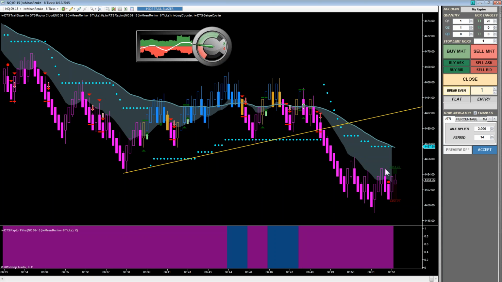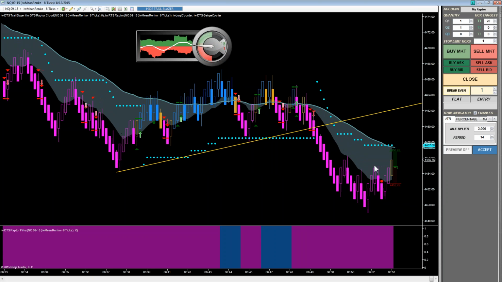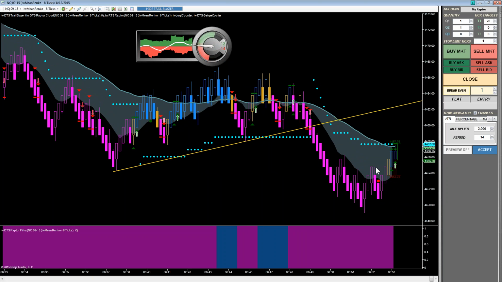No, so far it looks like we'll see if they take out this high. If they get back above 44.55, that's where our stops were at. If they get back above here, yeah, there they go. So it looks like it was a good idea to run that parabolic, take my trailing stop early, or even to be all in, all out.